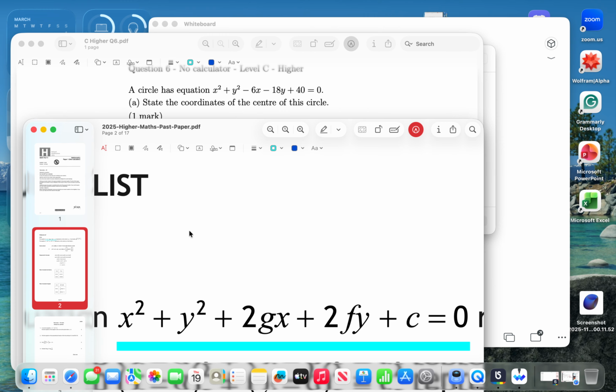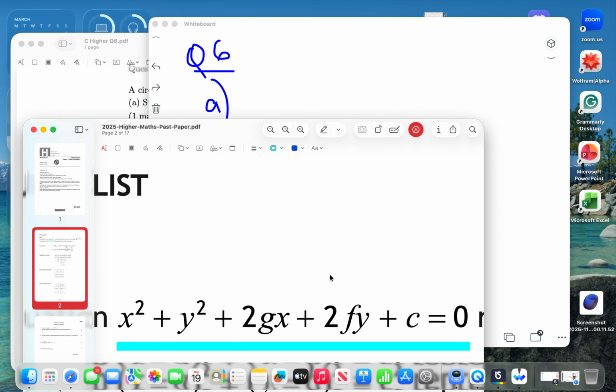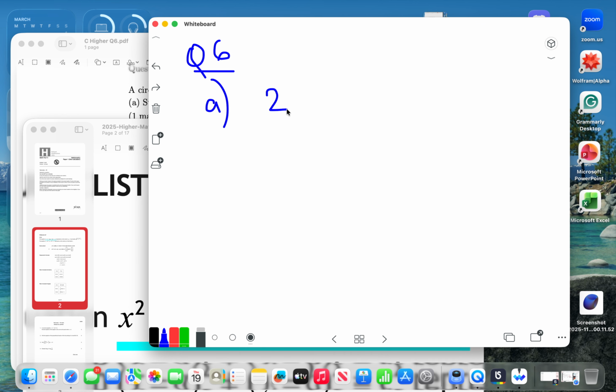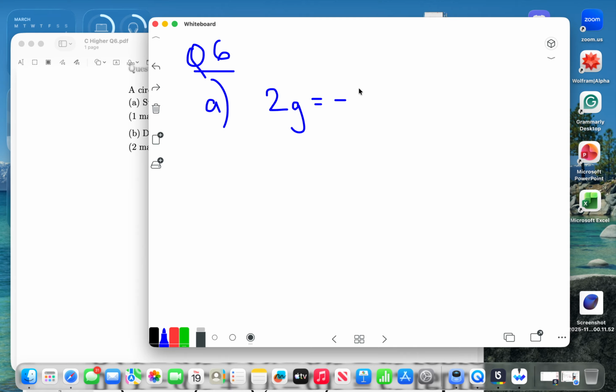You've got 2gx and you've got minus 6x, where g is a constant that you have to find. So 2g is minus 6 and g is minus 3.